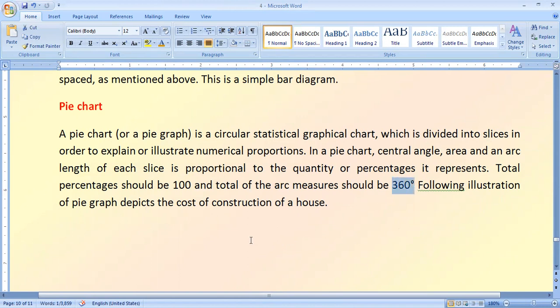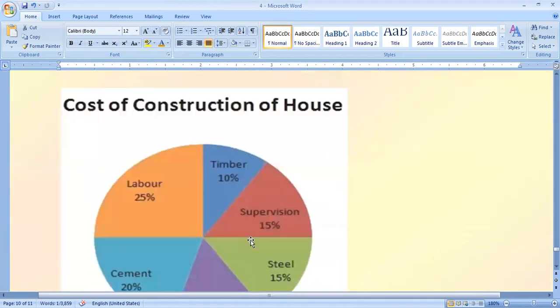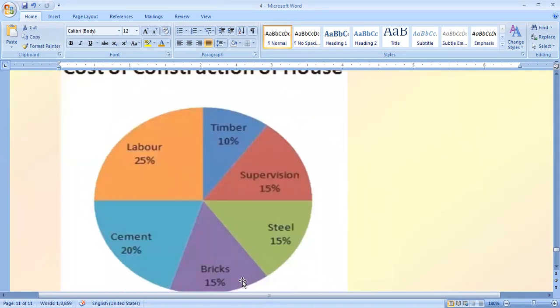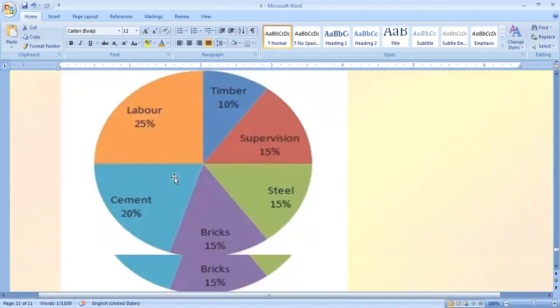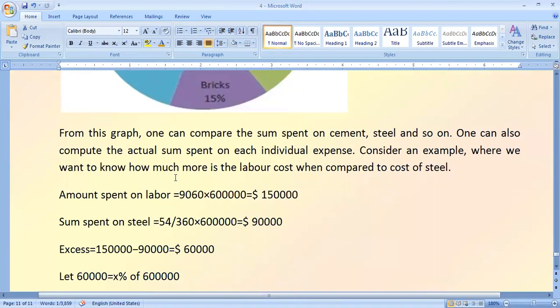The following illustration of a pie graph depicts the cost of construction of a house. For example, cost of construction of a house: timber 10%, supervision 15%, steel 15%, bricks 15%, cement 20%, and labor 25%. From the above graph, one can compare the sum spent on cement, steel, and so on. One can also compute the actual sum spent on each individual expense.